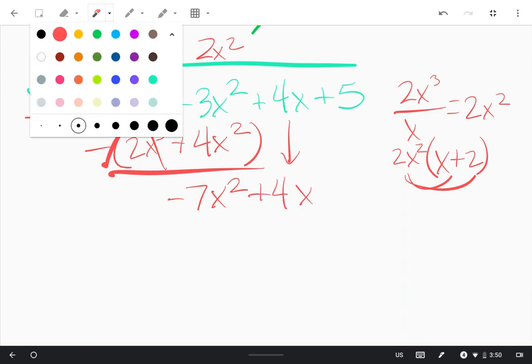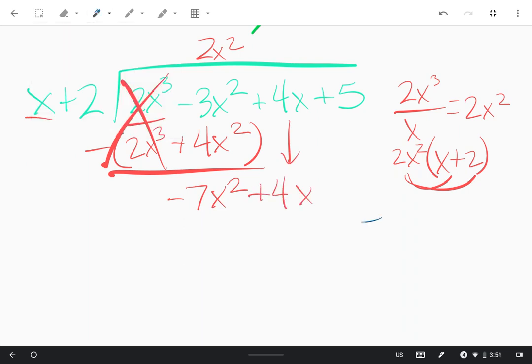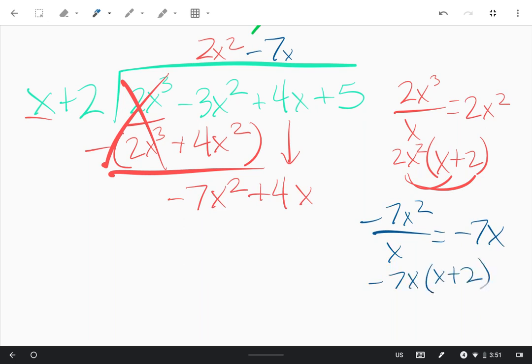Do it all over again. We have negative 7x squared divided by x. That gives me negative 7x. That's the next part of my answer. Negative 7x times x plus 2: distribute, negative 7x times x is negative 7x squared.